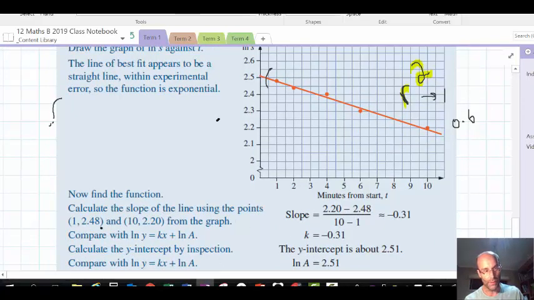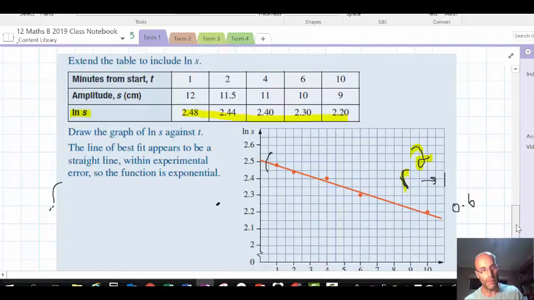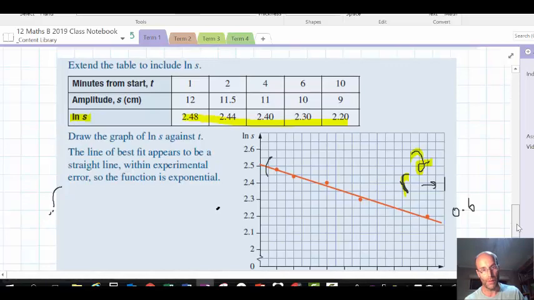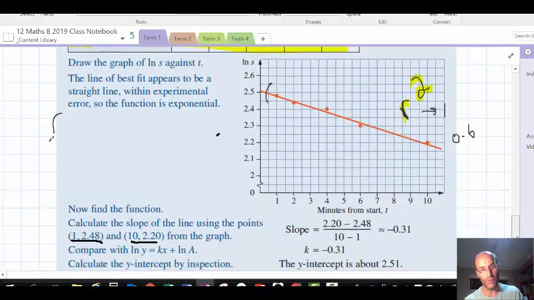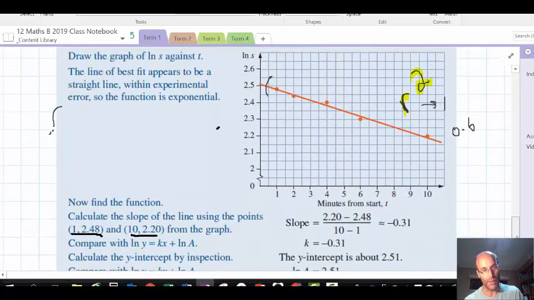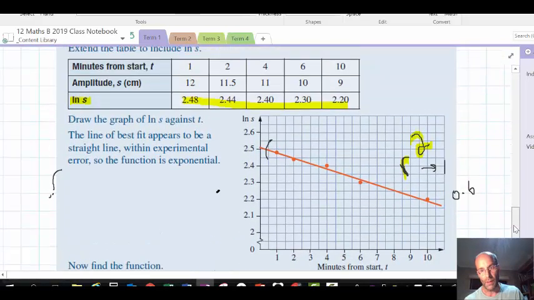Now the rest of this example assumes that you haven't used technology and are using known points, so 1 and 2.48. Now they've gotten those from the table this time, a bit different to the previous video where they didn't choose given data, they got the ones from the line. You could still use that method as well.